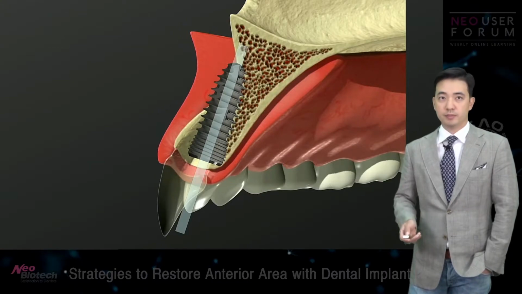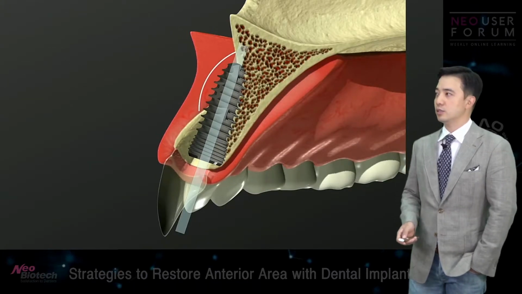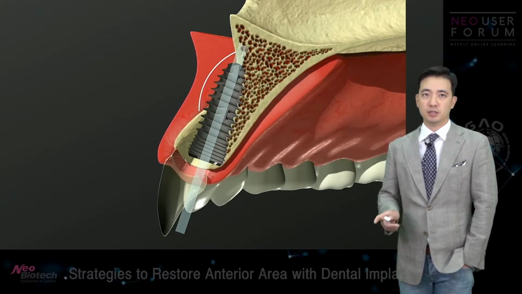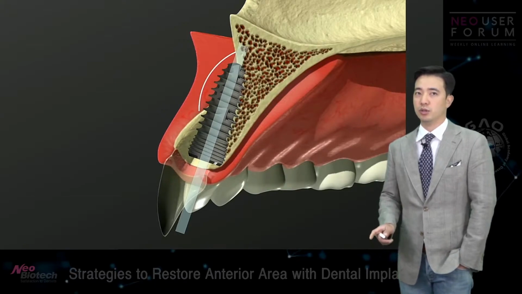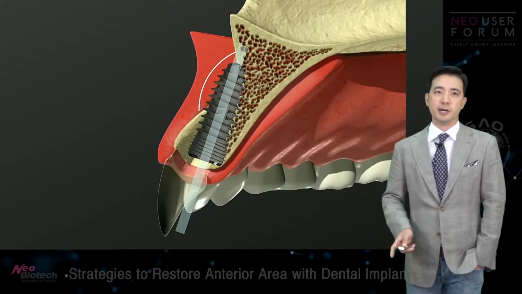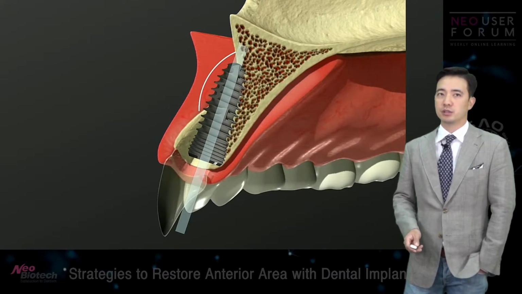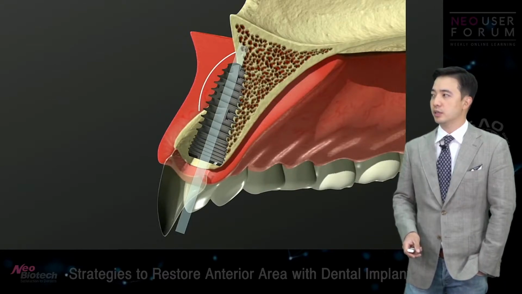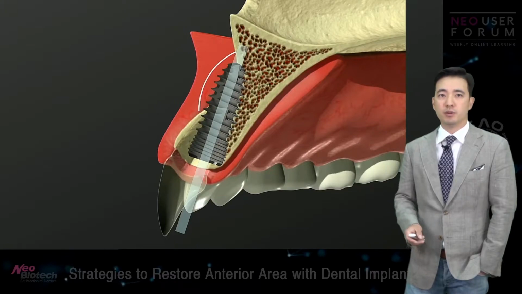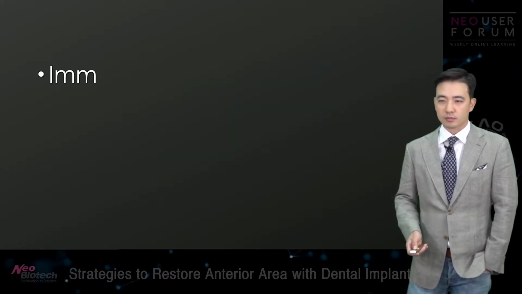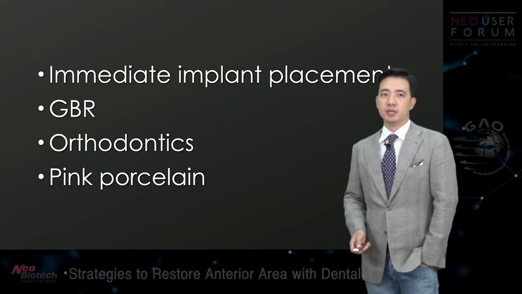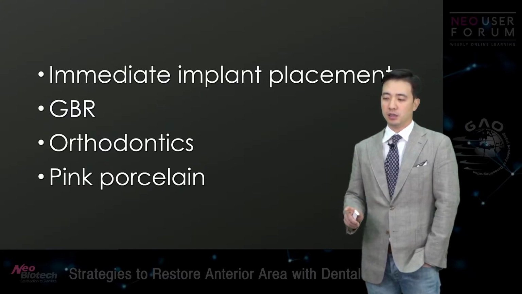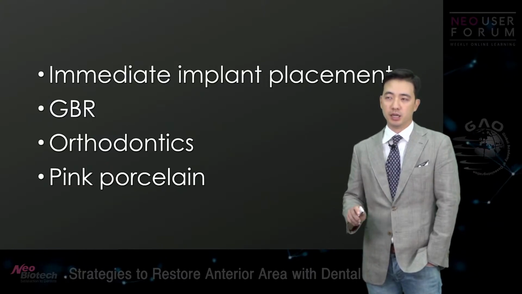So in this kind of situation, I would graft this area and make the situation a little more favorable for the prosthesis. By doing GBR, I would recreate the site to be able to put my restoration favorably. So you can think of some of the strategies regarding compromised areas.